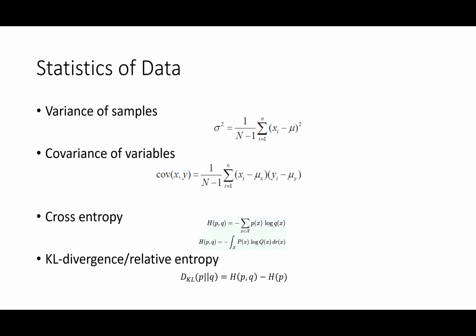And further, in many statistical measures, for example variance, we calculate the variance based on the mean; we calculate the covariance for two samples, xi and yi; or we compute the cross entropy or relative entropy, KL divergence.